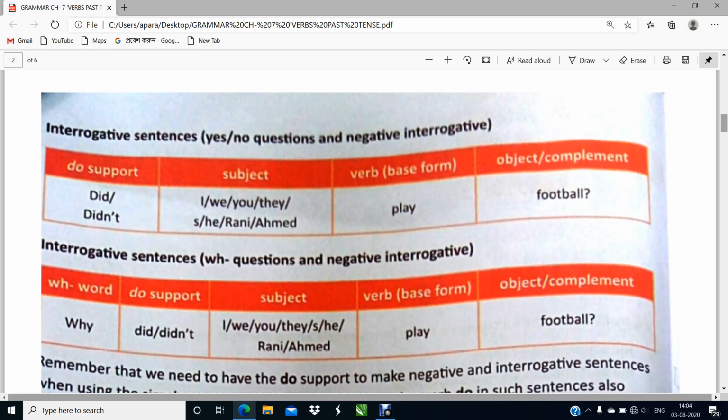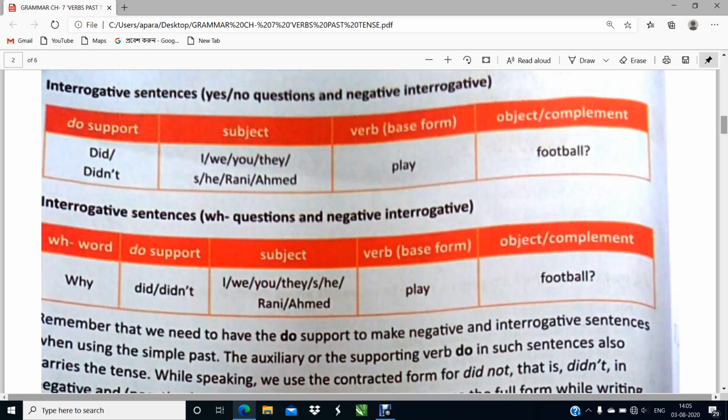Now an interrogative sentence with a WH question. What will we write? Positive and negative form. What did you write? Here it's given the question, why did you play football? Why did you write, or what did you write?